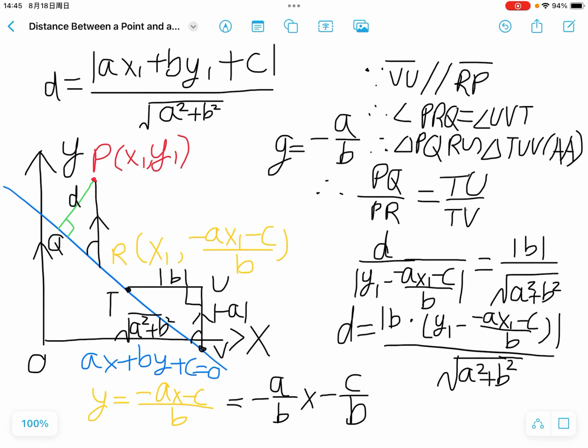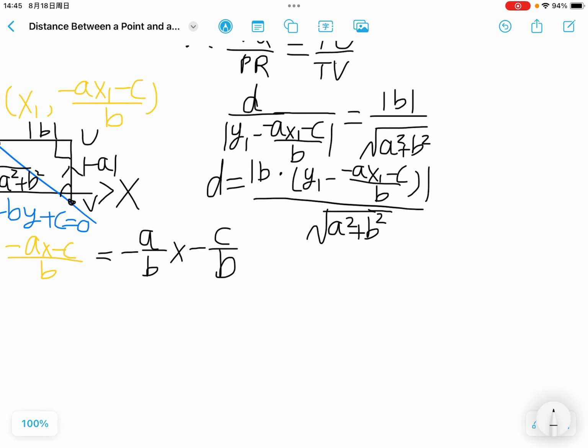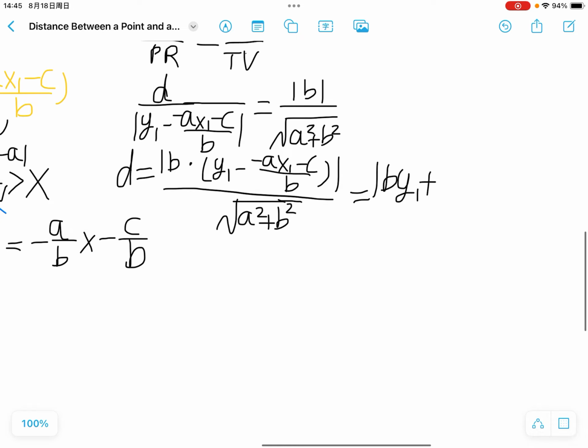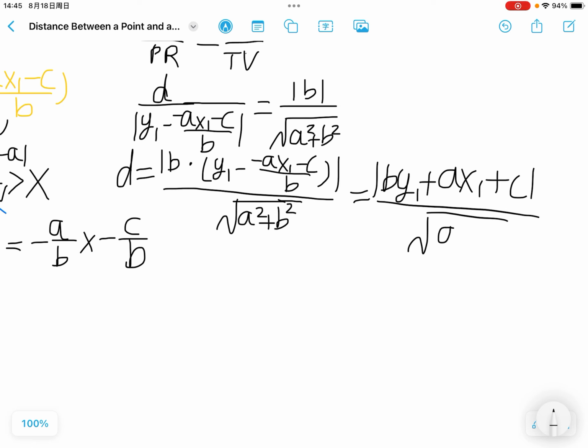So we multiply the numerator out. The numerator would be equal to BY1 plus AX1 plus C, over root A squared plus B squared.